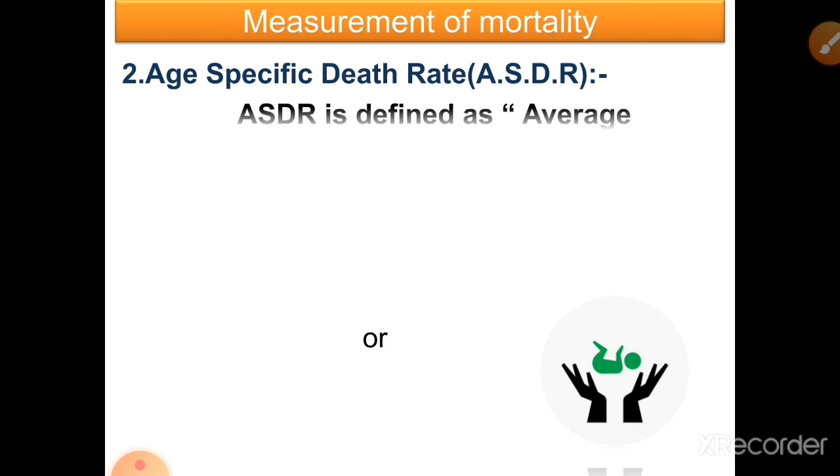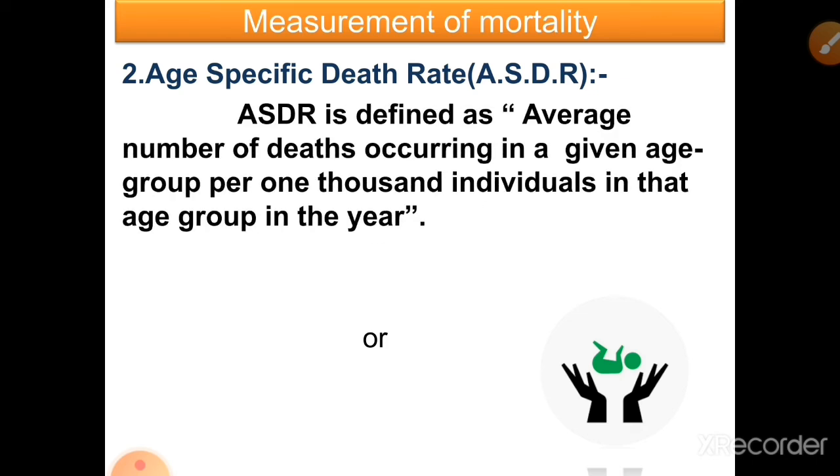So ASDR can be defined as the average number of deaths occurring in a given age group per 1000 individuals in that age group in the year. Using ASDR, we can find the death rate of any age group.